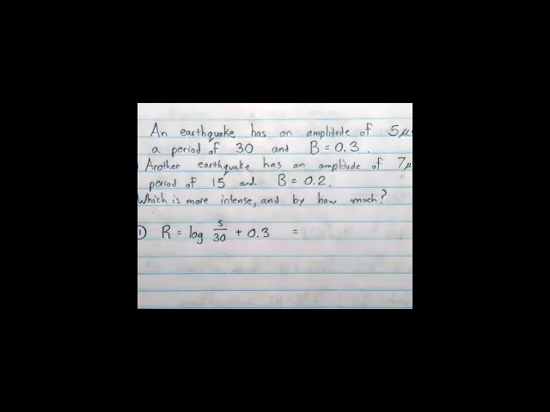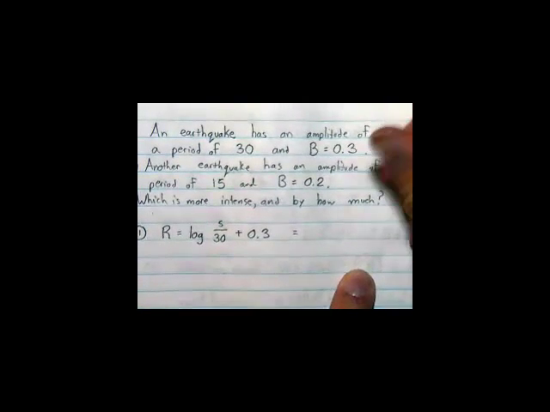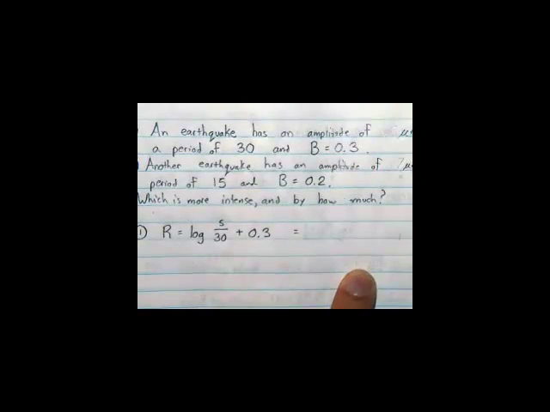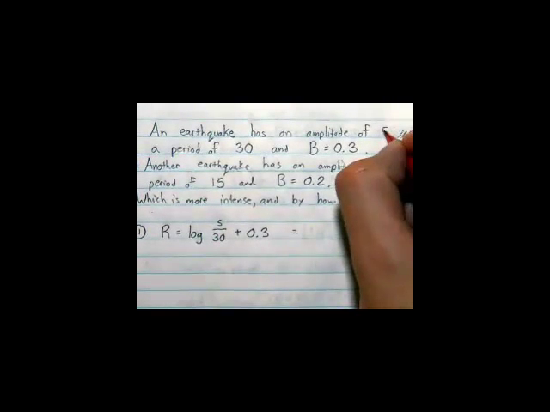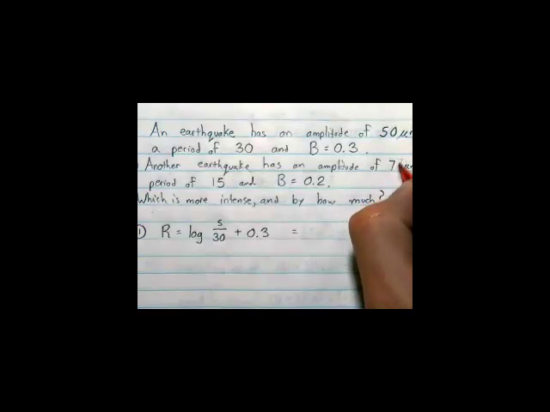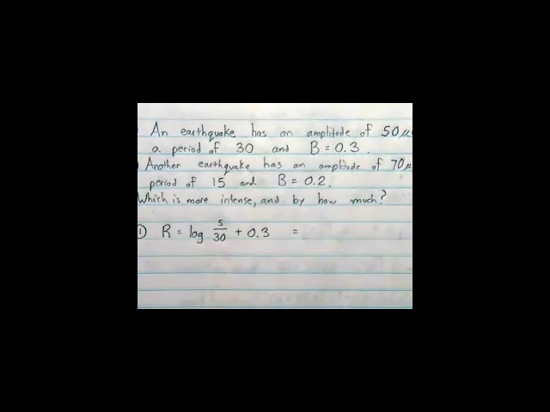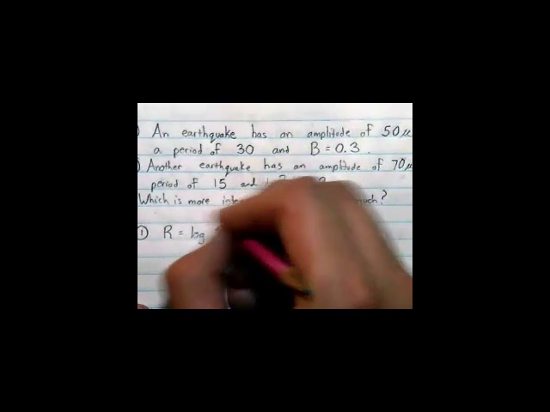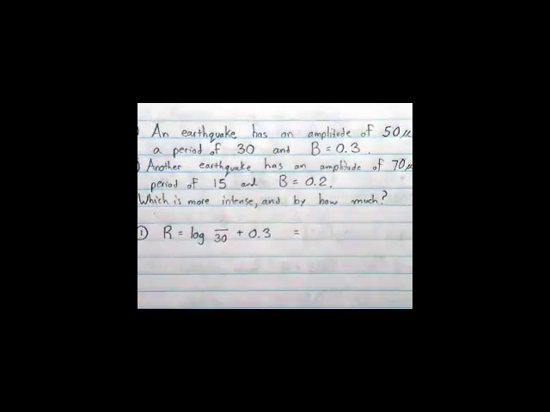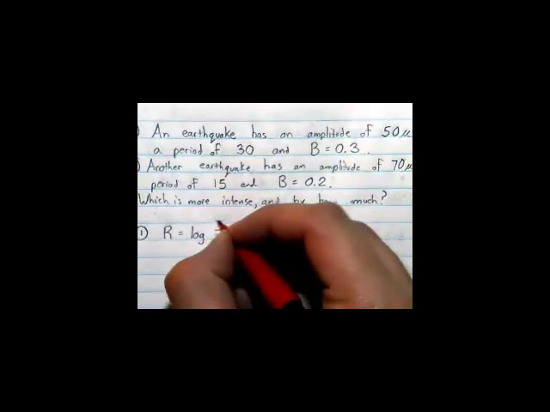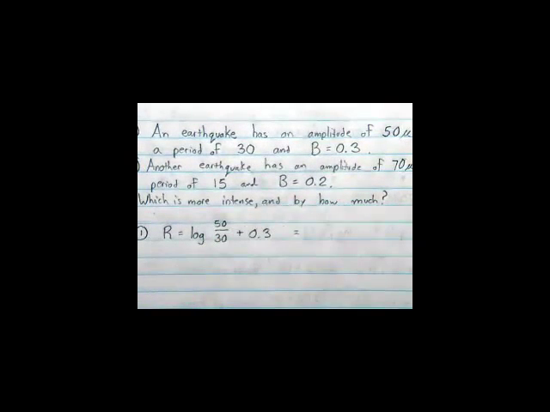Oops, okay. I made up some bad numbers. We're going to change two things here real quick. This is what I get for trying to make up numbers on the spot. Make it a 50 and a 70, not a 5 and a 7, because we're going to get Richter scale values that don't make sense otherwise. First one's going to be 50 over 30, not 5 over 30.